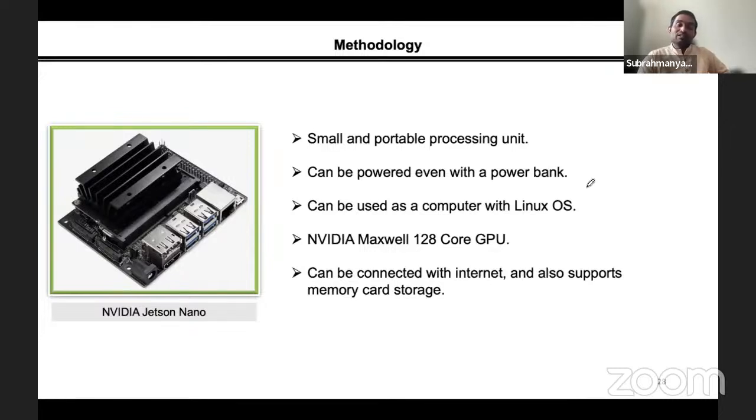You can deploy this model even in unmanned aerial vehicles, UAVs, or drones. It can be used as a computer with a Linux OS. The size is very small, but the performance is somewhat close to a Core 2 Duo computer.